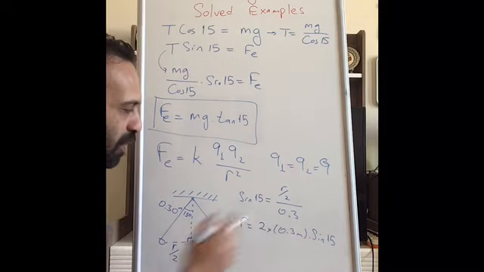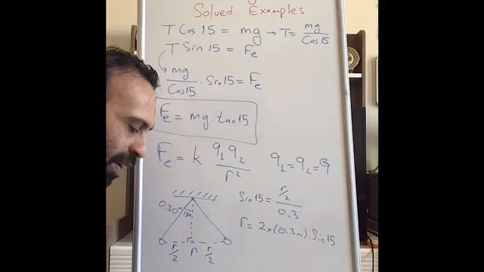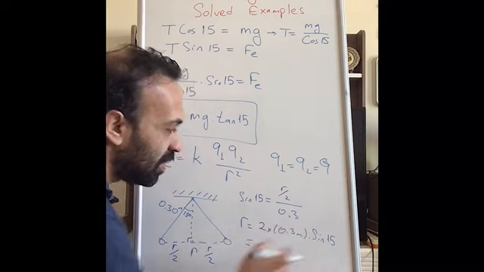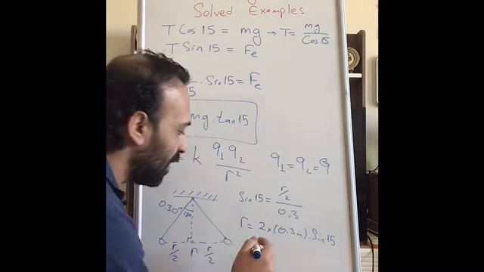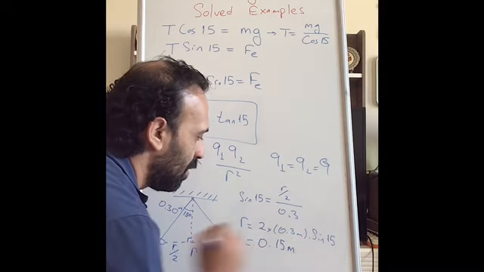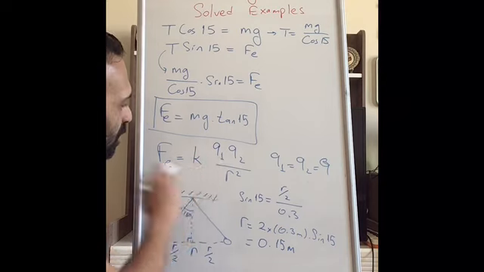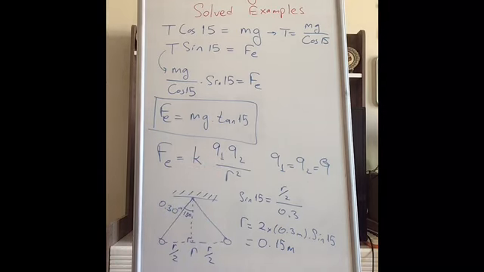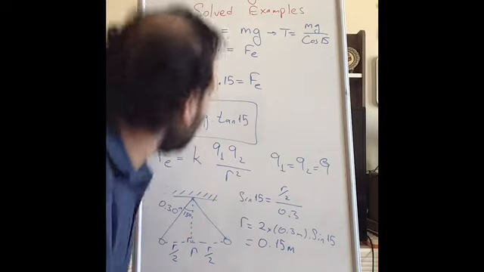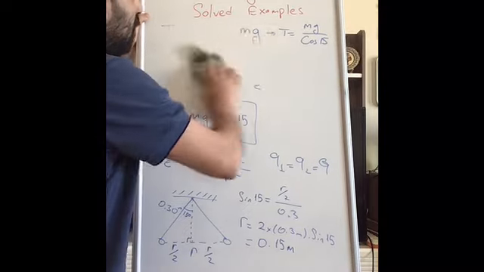So I mean, we know what is sine 15, and 2 times 0.3 meter times sine 15 will give you the magnitude of r. And if you plug the numbers by using your calculator, you will find that r will be equal 0.15 meter. Alright, so we are going to use 0.15 in Coulomb's law to find what is the electric force. And we know this electric force also from here. mg tangent 15. All right, we are almost there.